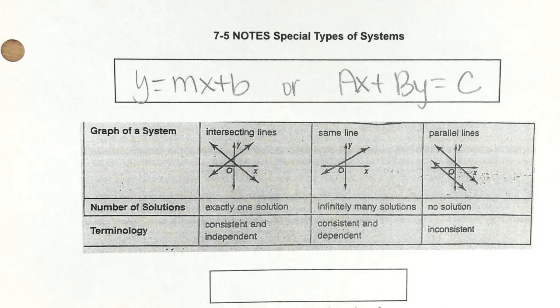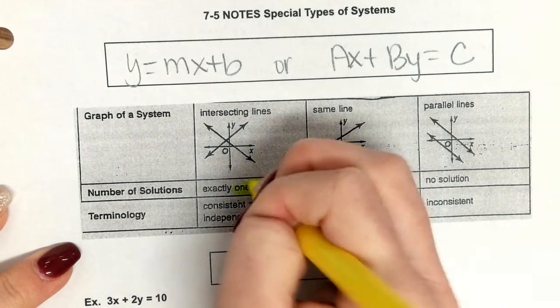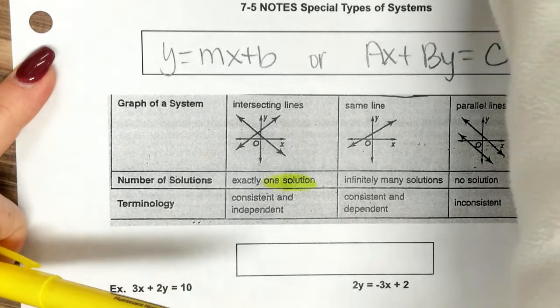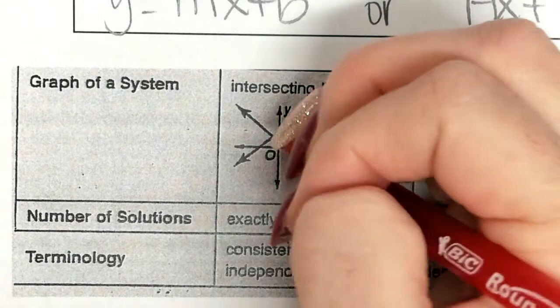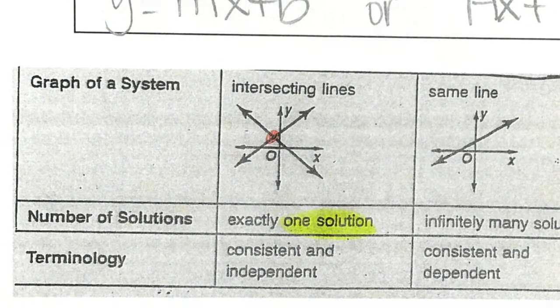Anytime you have two lines, they will either intersect and have one solution. So this point right here would be your answer. That's what we've been learning so far, right? Yes?